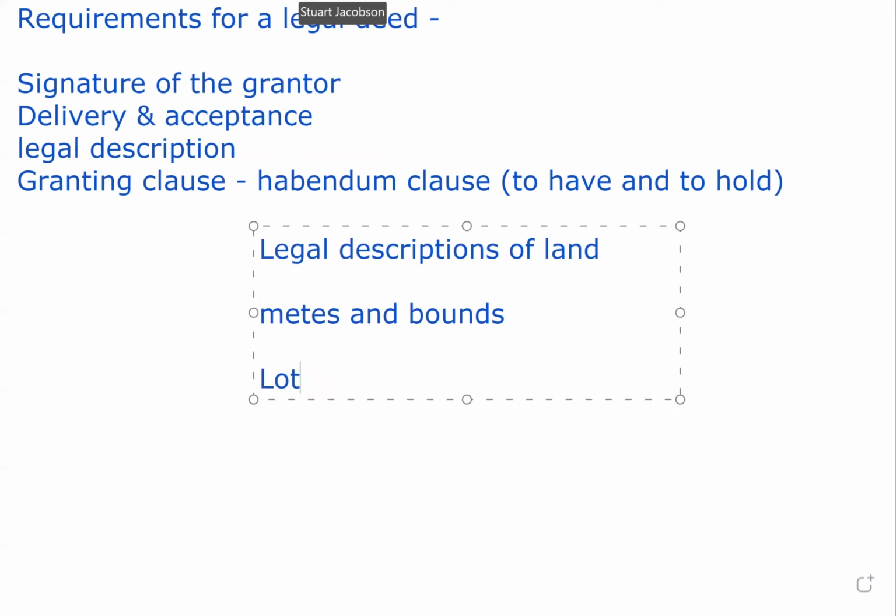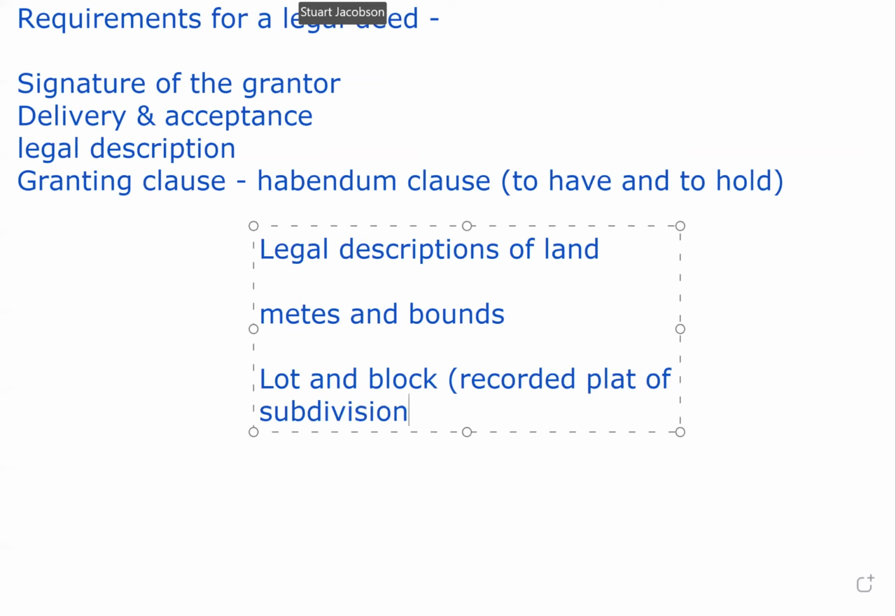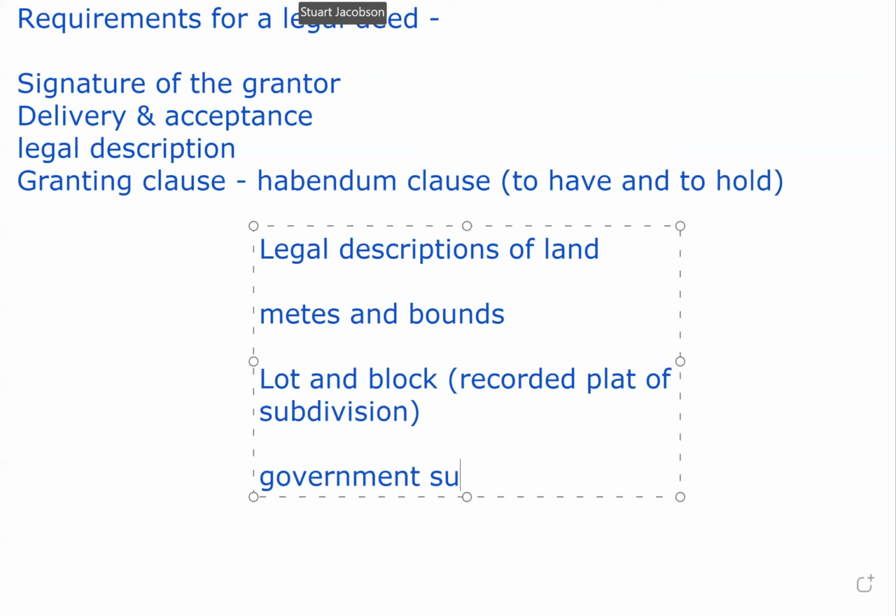The lot and block, also known as the recorded plat of subdivision. And then the third one is the government survey system. Government survey system.